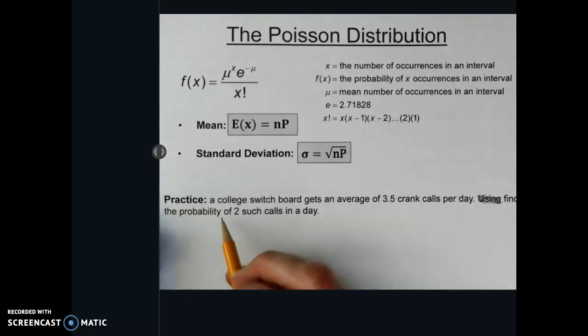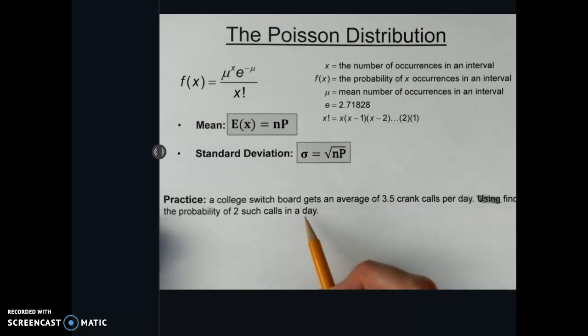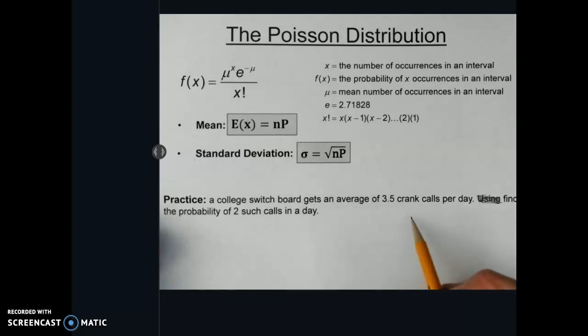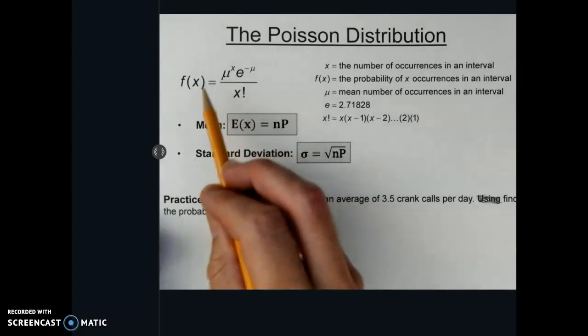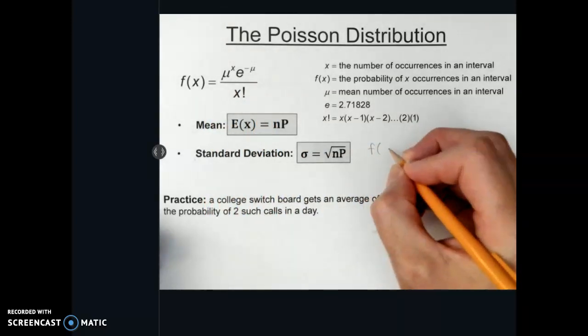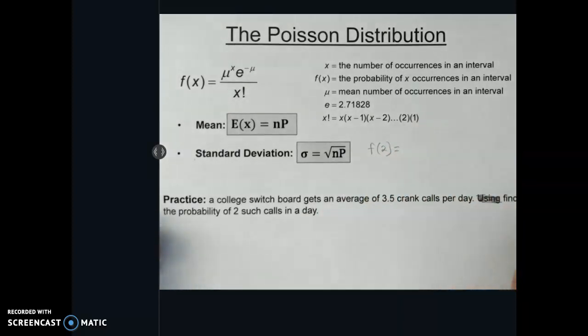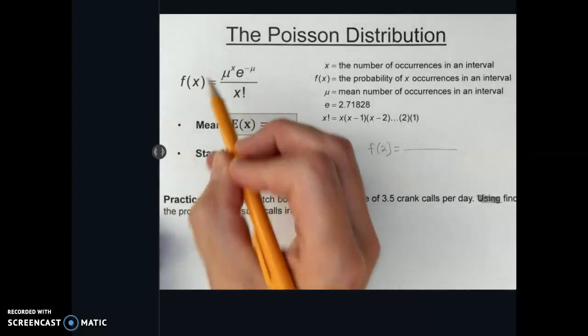So this question here says, a college switchboard gets an average of 3.5 crank calls per day. Find the probability of 2 such calls in a day. Clearly a Poisson problem, because we're defining successes across time. Using this formula, we'll replicate it down here. We want to find the probability of 2 calls, and that's going to be equal to, in our numerator, we put the mean, and that's given to us.